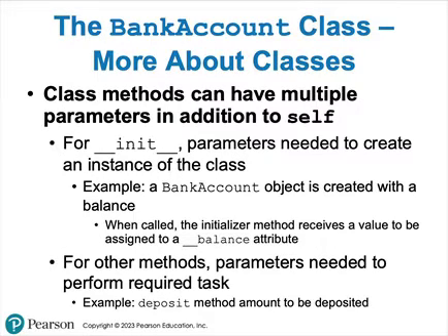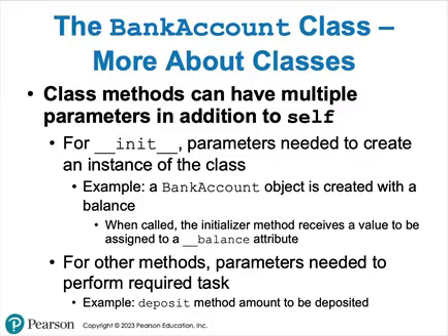Here they're showing you some additional examples. This one is going to model a bank account. When we create the bank account object, it's going to call the init method, and then it's going to create a private variable called _balance.